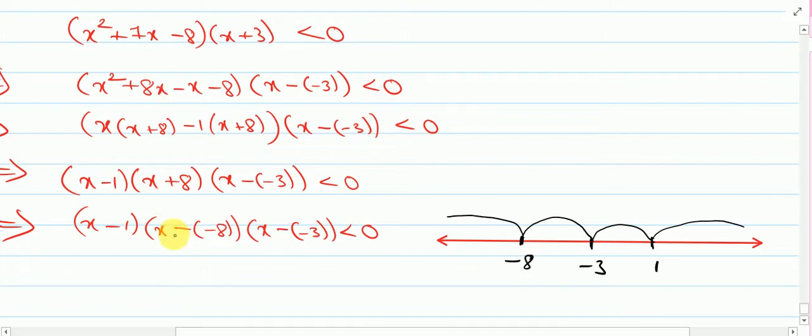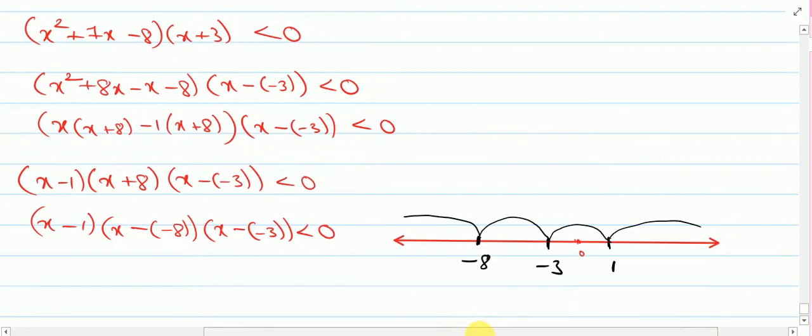Now we have to check which interval is satisfying this. It is always easy to take x as 0. So 0 lies in this interval. On the left hand side, in place of x, you put 0. Then what you will get? 0 minus 1, 0 plus 8, and 0 plus 3.